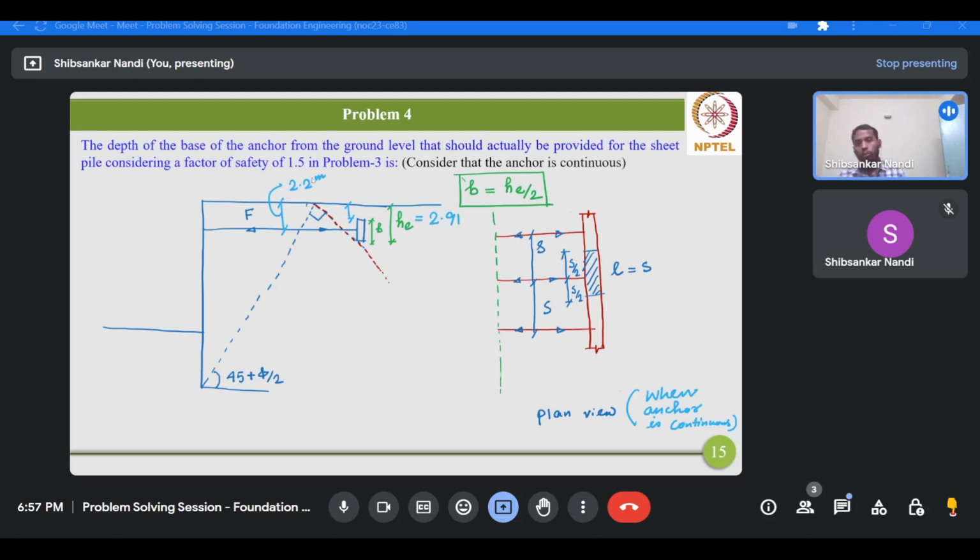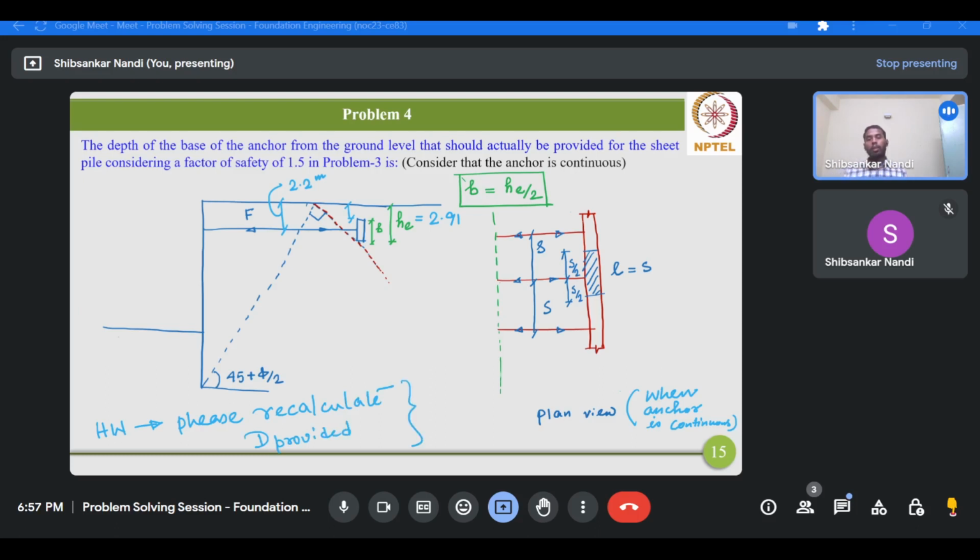So we'll not do this calculation again here, because this is basically a repetition. So I request all of you, this is a homework, please recalculate the D provided value with this new location of the anchor.